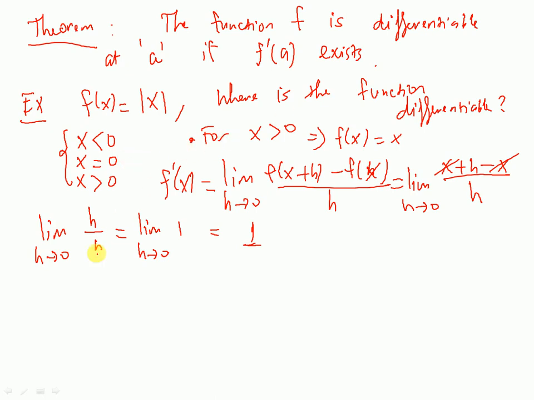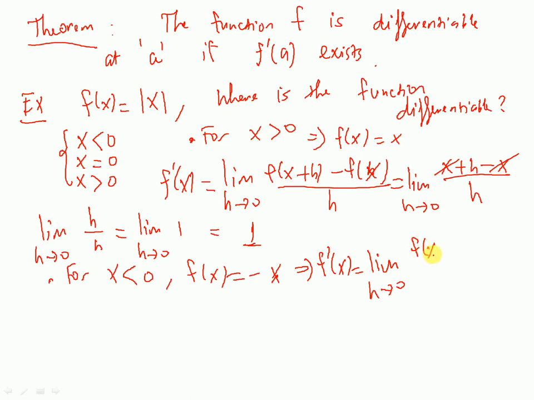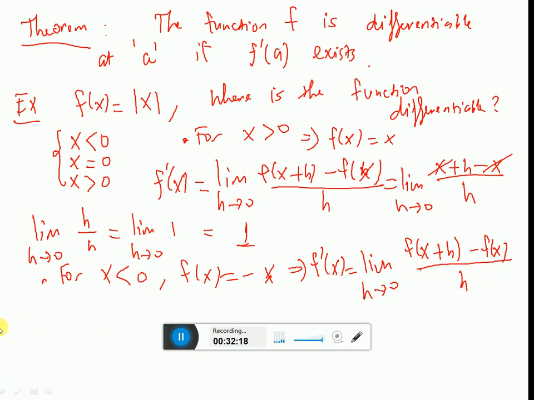So let's check the second case, for x less than 0. Now, when x is less than 0, f of x becomes minus x, because of the absolute value. Now let's check the derivative for this case. Again, the limit as h goes to 0 of f of x plus h minus f of x over h.